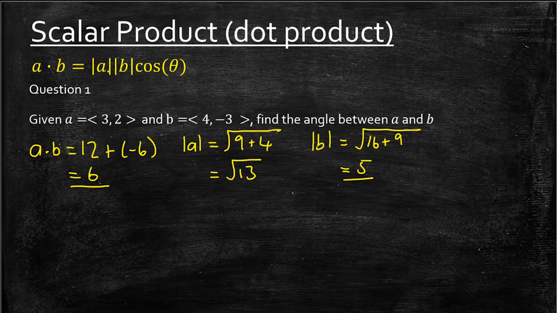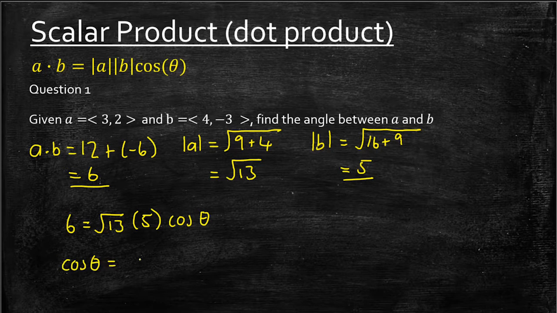Now we're going to plug that into our equation there. So we've got 6 equals the modulus of A times the modulus of B times cos of theta. And we're going to divide both sides by root 13 times 5. So we end up with cos of theta equals 6 over 5 root 13.